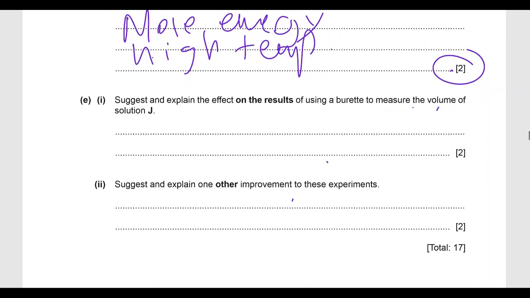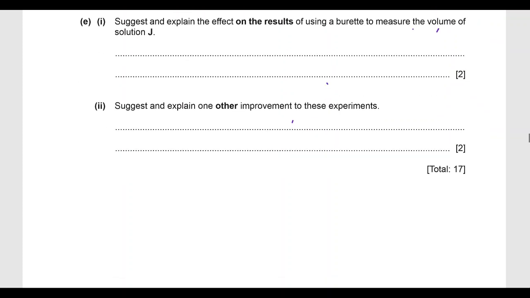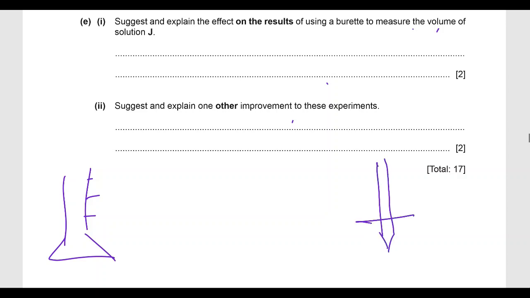Suggest and explain the effect on the result if you had used a burette instead of the measuring cylinder. Look at here, please. This question is always frequently repeated. So the measuring cylinder, this one, is used to transfer liquids. The burette has a tap here, and also it's graduated. Also it's used to transfer a liquid. In your opinion, which one is more accurate?